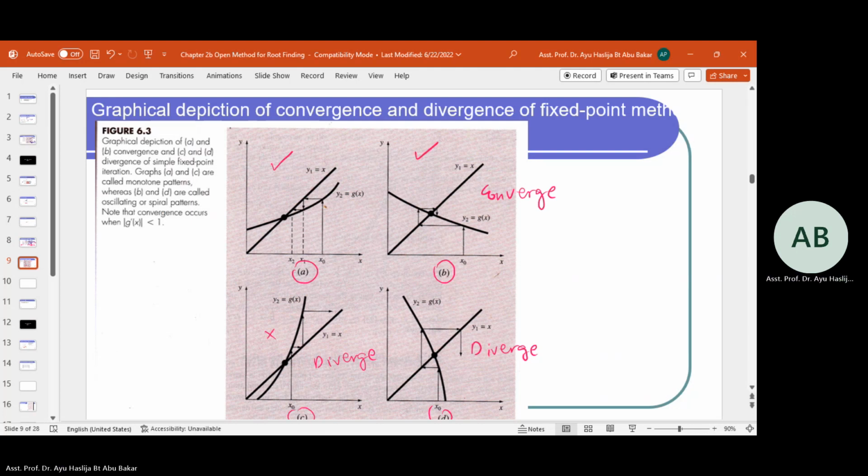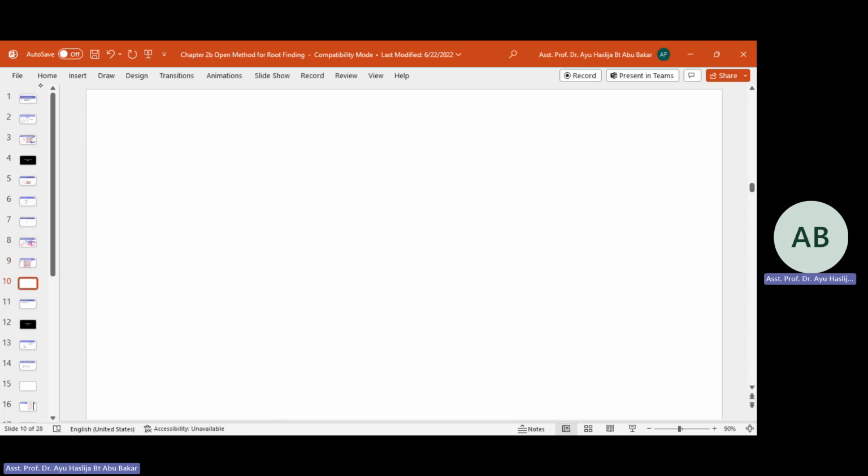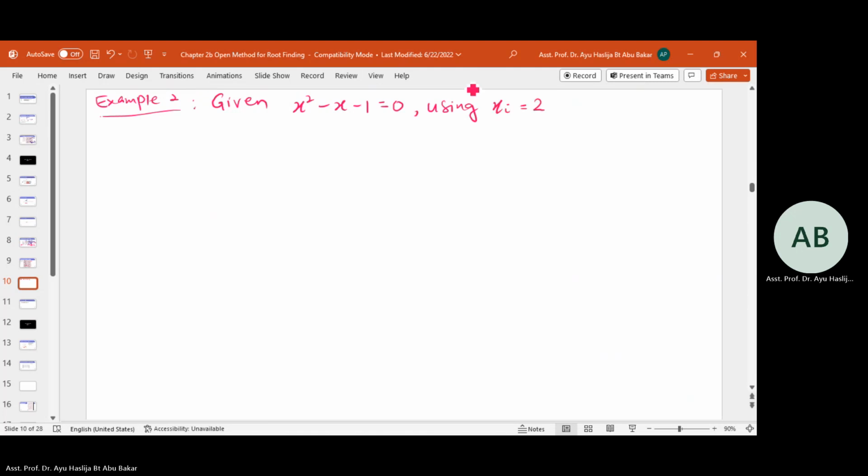Okay. Now, one more example. This one is to explain to you another step in the fixed point iteration. Okay, this example gives you the f(x).